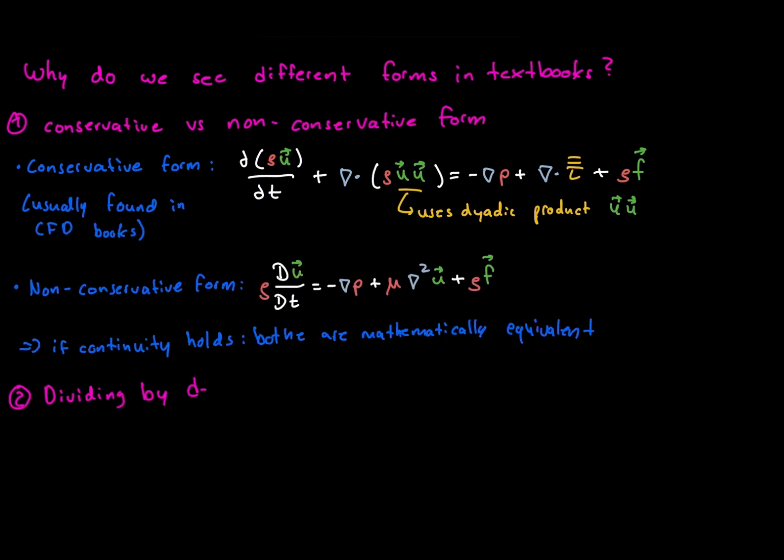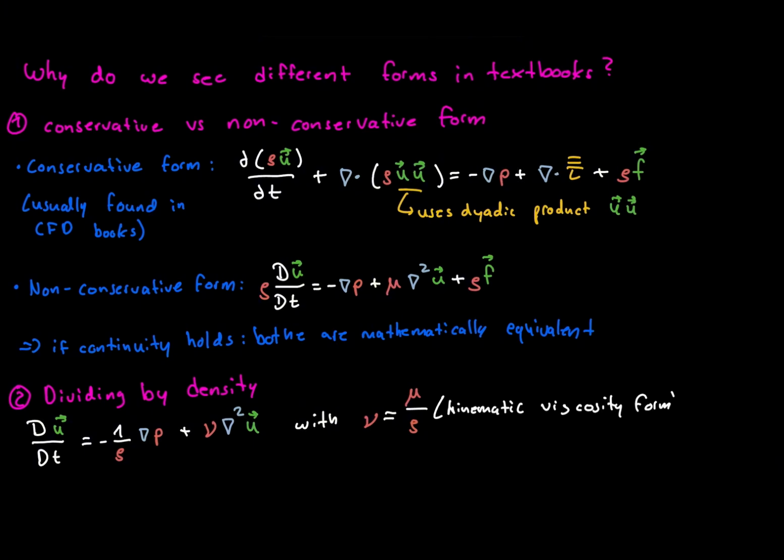You may also see the equation divided by density, introducing the kinematic viscosity nu equals mu over rho. These forms are mathematically equivalent when continuity is satisfied. The differences arise from rearranging terms, dividing by density, or choosing conservative versus non-conservative form.